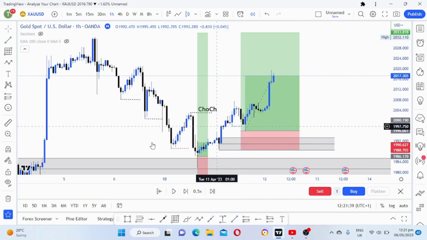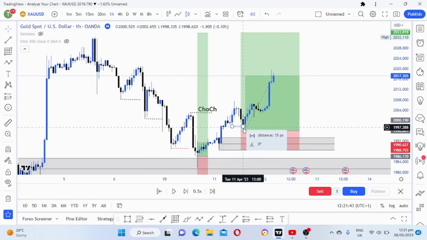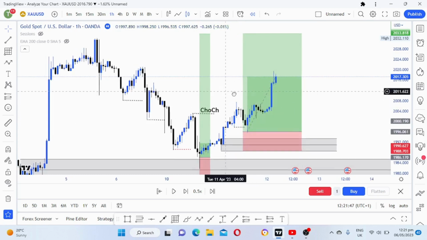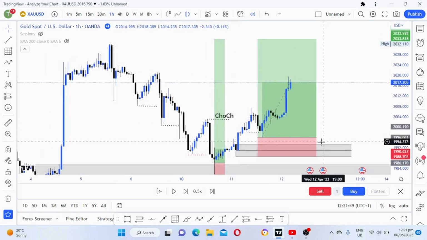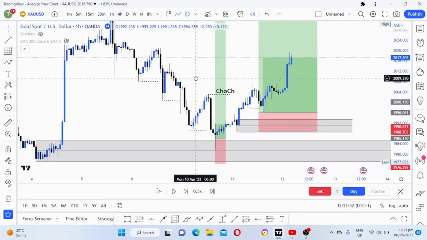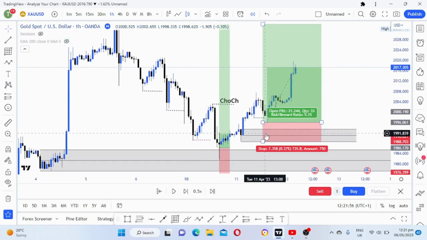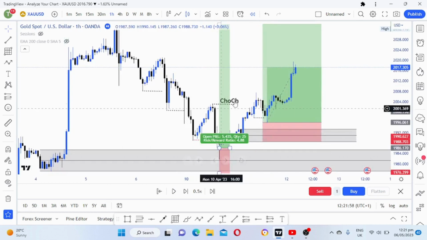So this one, you would have waited for price to break this low, then you enter a buy here. As you can see, guys, this stop loss is much tighter than this one. So now we have a break of structure there.